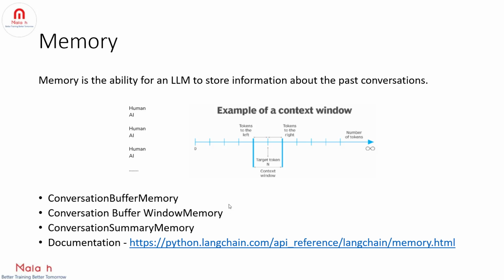Now let's see how we can give memory to an LLM by using conversation buffer memory. As the name suggests, the LLM keeps the entire conversation history in memory, so it stores every single conversation.